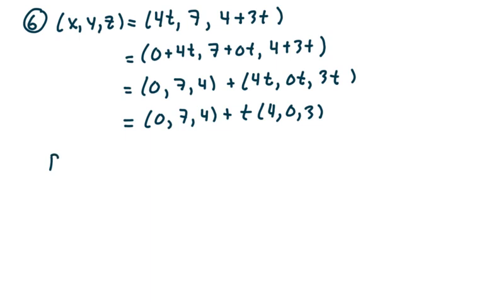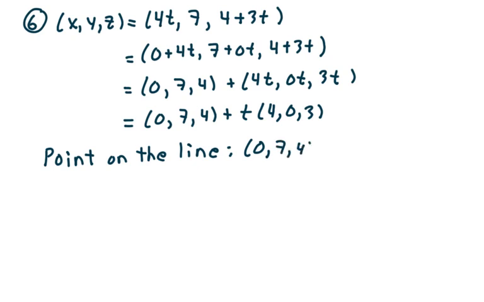And so I would, again, argue the point here is (0, 7, 4). And then that's the point on the line. So let's actually say that. So the point on the line is going to be (0, 7, 4).